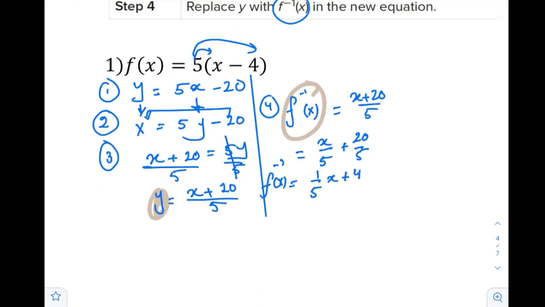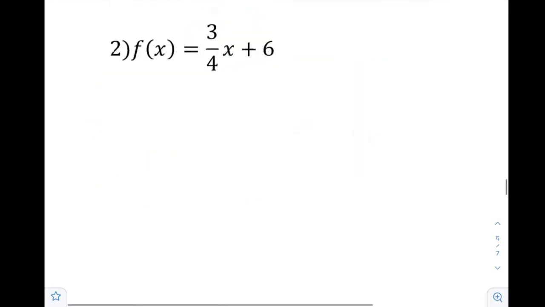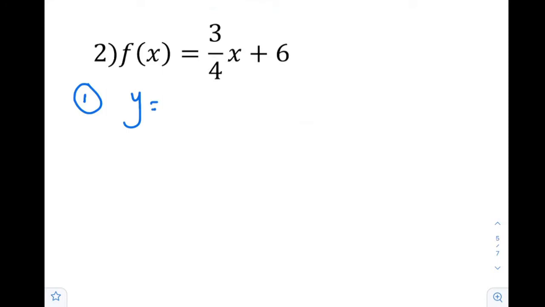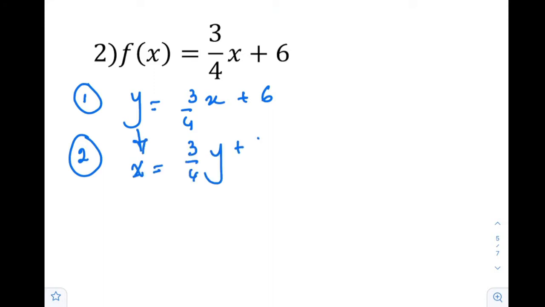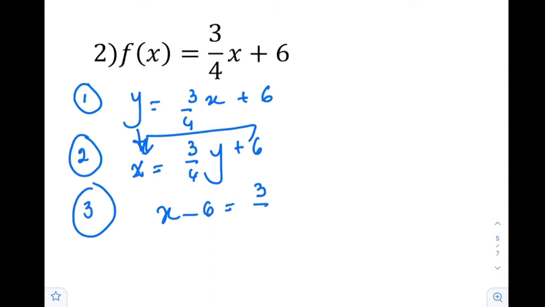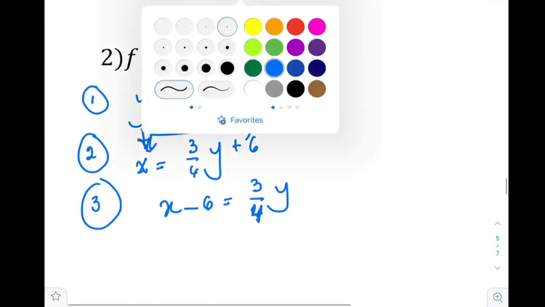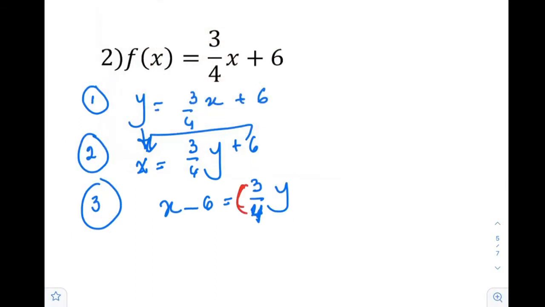Function number 2, 3 over 4x plus 6. Following the same procedure. Step 2, interchange. Step 3, solve for y. Now we want y alone, so I will multiply both sides by the inverse of 3 over 4, which is 4 over 3, to get rid of that.